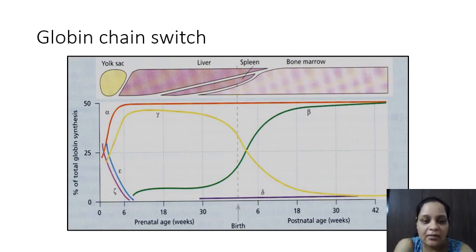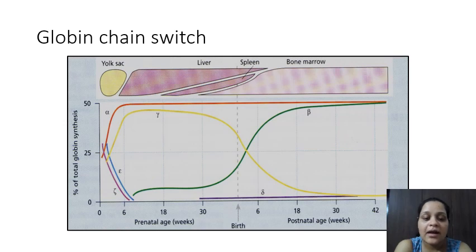After embryonic life, during fetal life, we can see that the production of gamma chains is quite high as compared to the beta chains, which have also started forming during this phase. So the predominant hemoglobin found during fetal life is HbF, consisting of 2 alpha and 2 gamma chains.